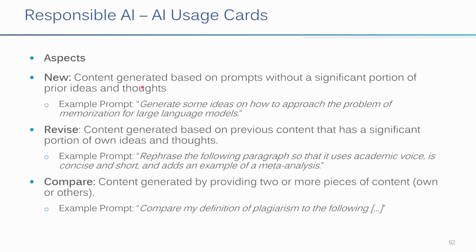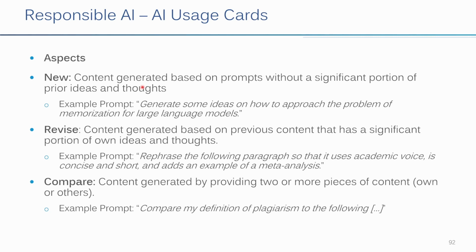Another aspect that we cover in the AI usage cards is the revision of content. Given that a text generated by humans or not is provided, did we use the AI model to improve it, paraphrase it, or simply reorganize ideas?